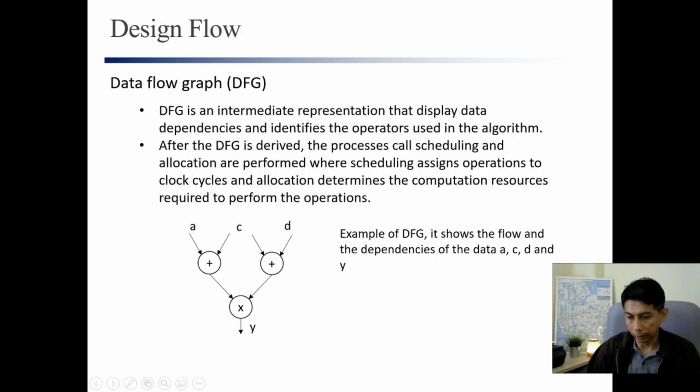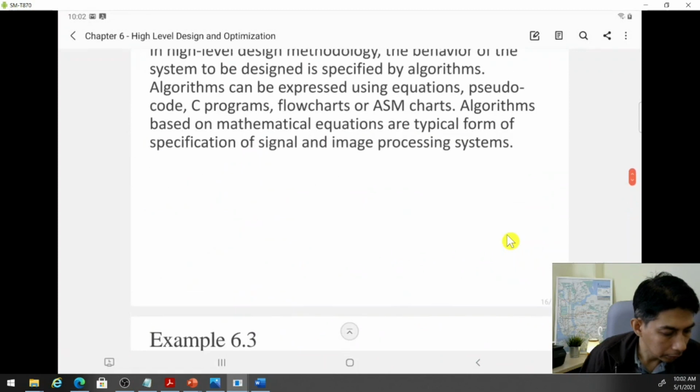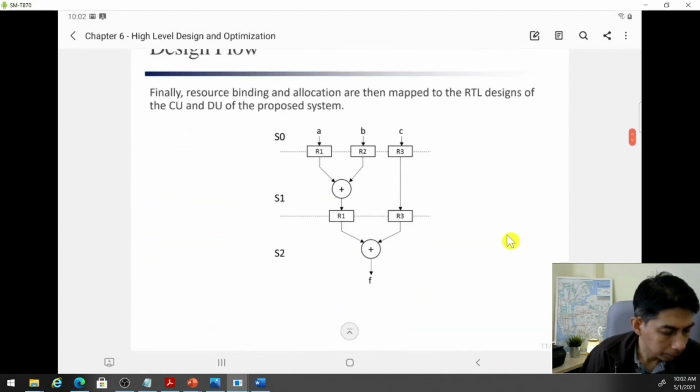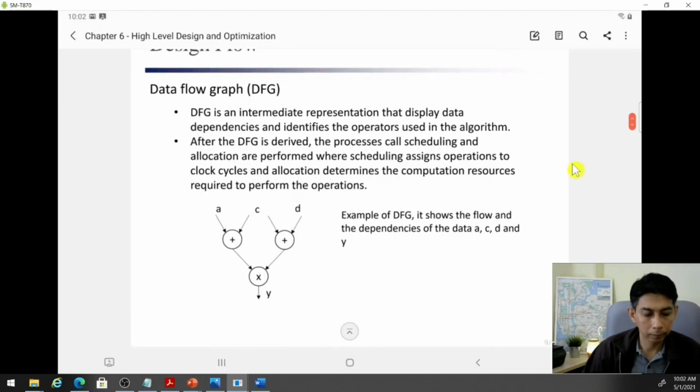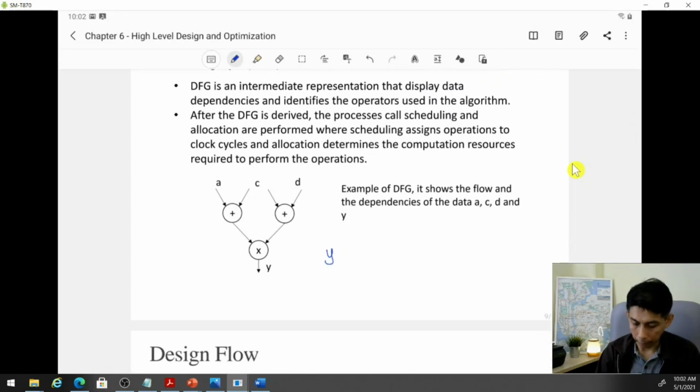In this case, this is actually Y equal to A plus C multiplied by C plus D. So this is A plus C, and this is C plus D, and multiply here, we have Y, the output.